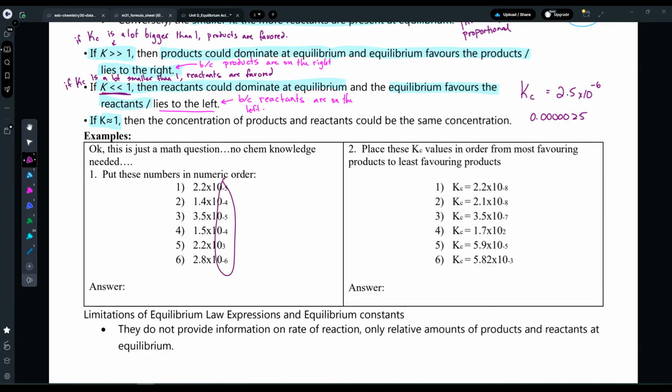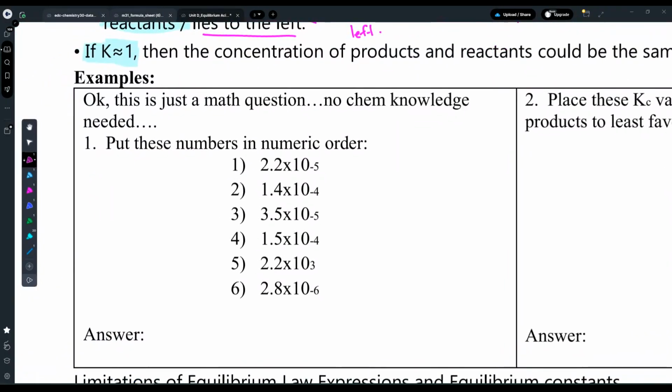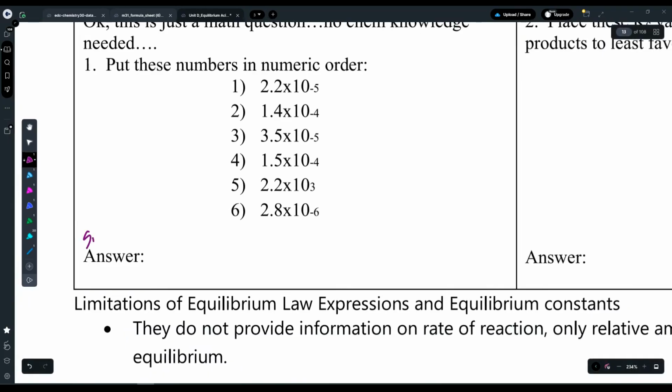All of these numbers after the times 10 should be superscript to represent that they are exponents, but there's a small typo in the notes. Okay, so just so that you're aware. All right, let's put these numbers in numeric order, from smallest to largest.